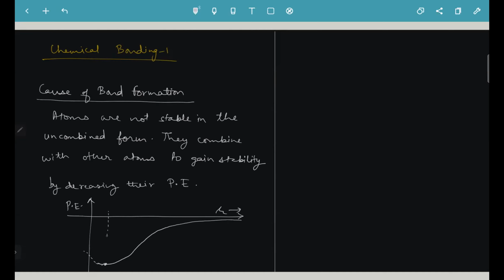The point where the potential energy is minimum, the most stable state, is called the bonded state. The distance between the nuclei at the point where potential energy is minimum is called the bond length. Actually, the E stands for bond energy.